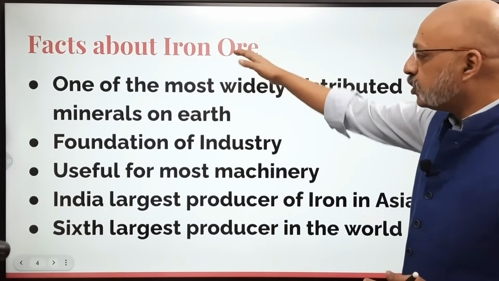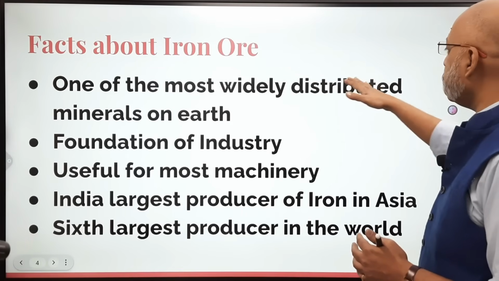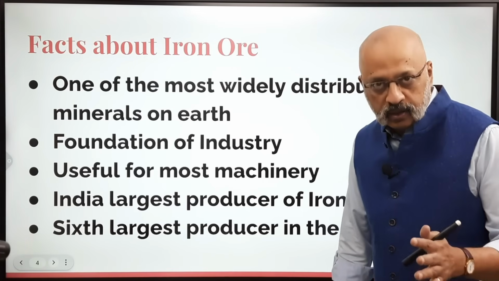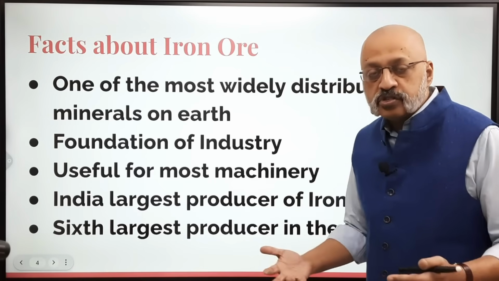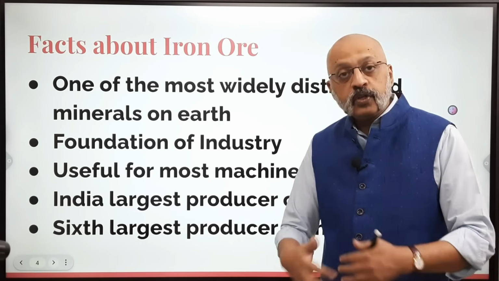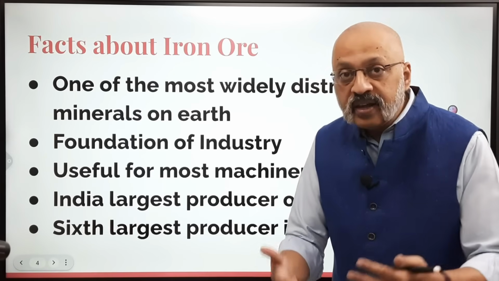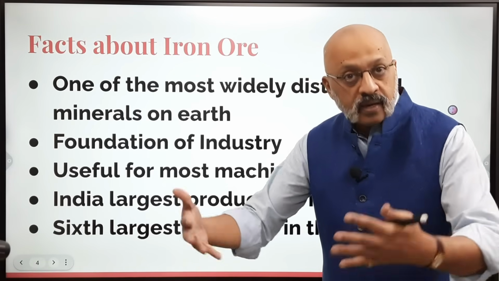Now, let's know some of the facts about iron ore. It's one of the most widely distributed minerals on earth. It is the foundation of industry, the backbone of modern civilization, because without iron ore, nothing really can happen if you want to develop as a community, develop as a country.